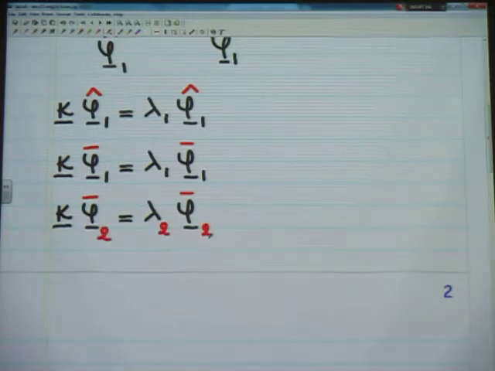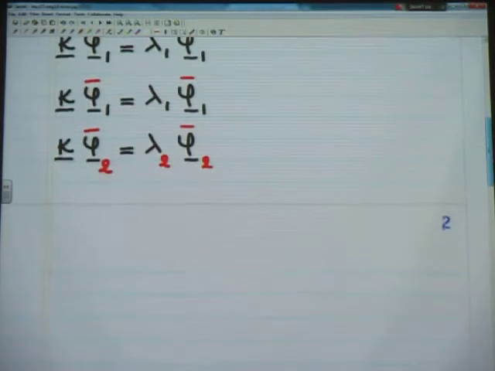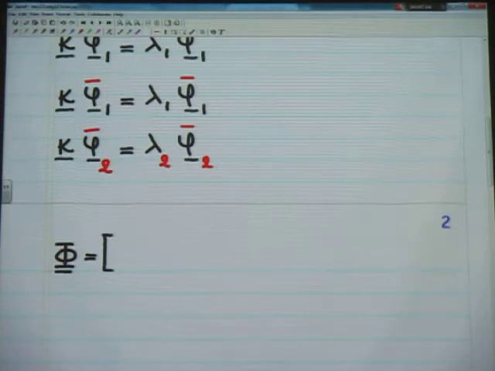Then we can introduce a new matrix, big phi bar, which would contain both phi bar 1 and phi bar 2, right? We called big phi before the matrix of the eigenvectors, defined as the matrix in which you had phi 1 and phi 2 as the two columns.